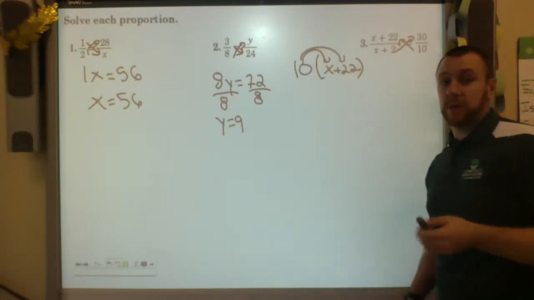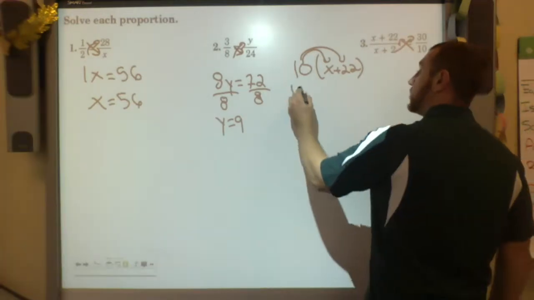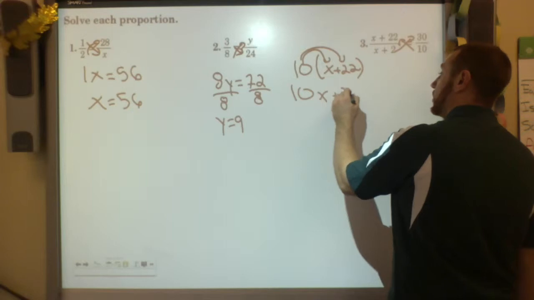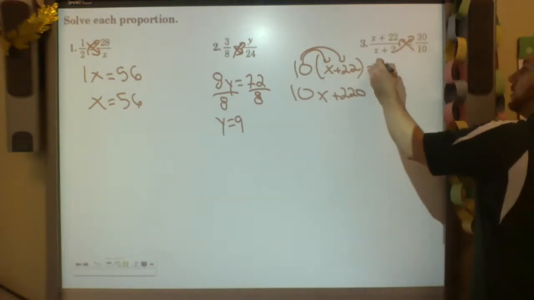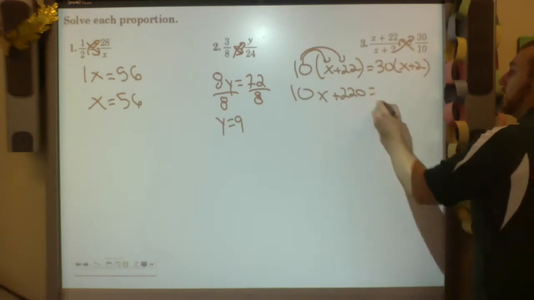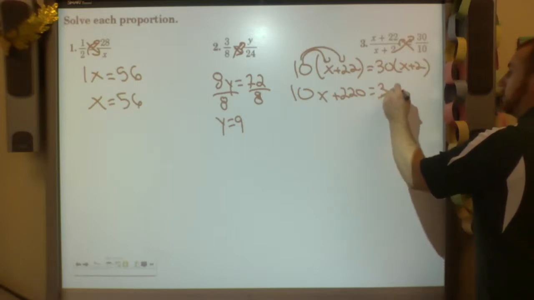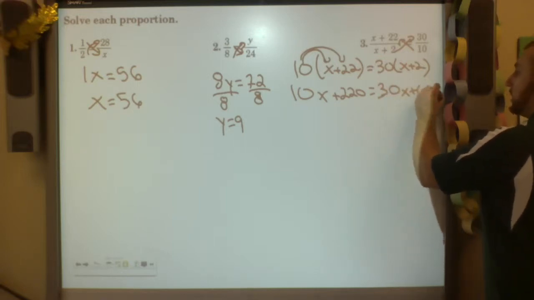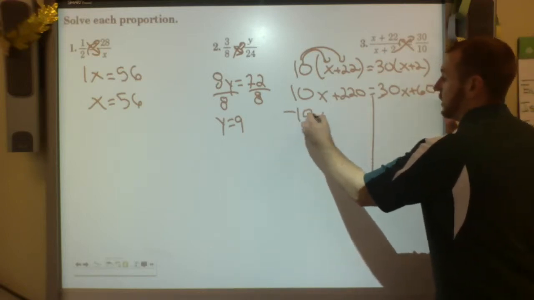And the distributive property happens whenever I have a plus sign. So 10x plus 220. And I would do the same thing over here. 30 times x plus 2. And that would be 30x plus 60.